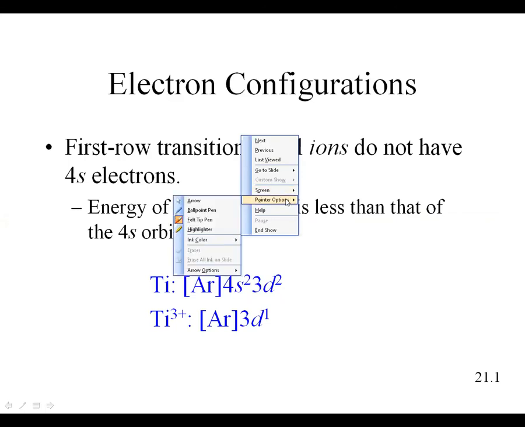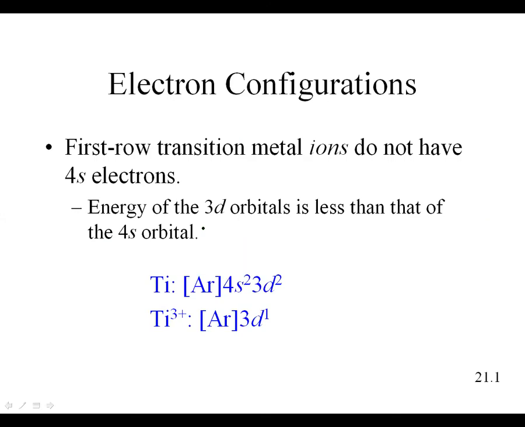When they do form ions, as I just alluded to, once we start putting electrons into those d orbitals, although they do go into the s first, we see that switch in energy that occurs.